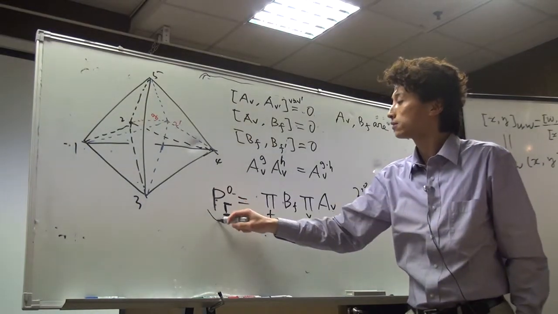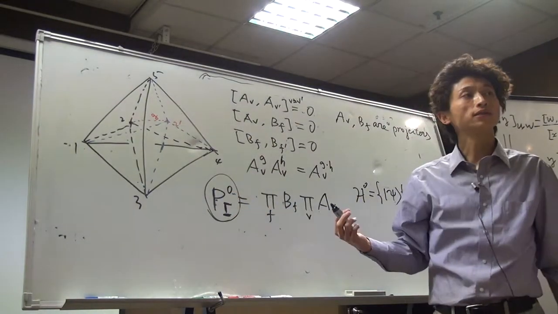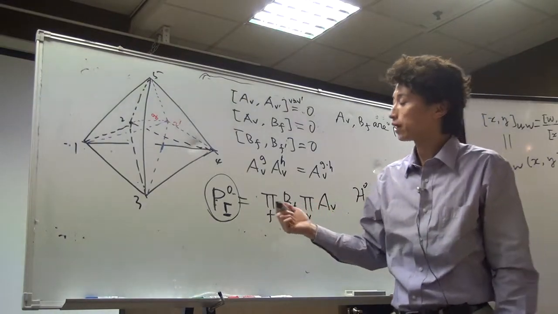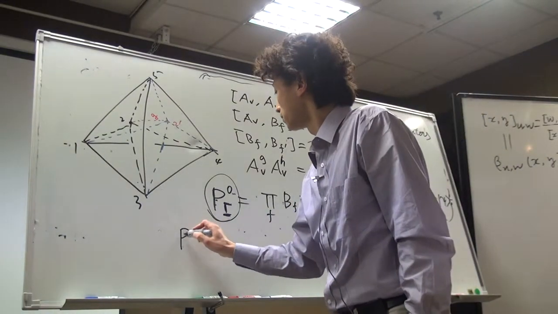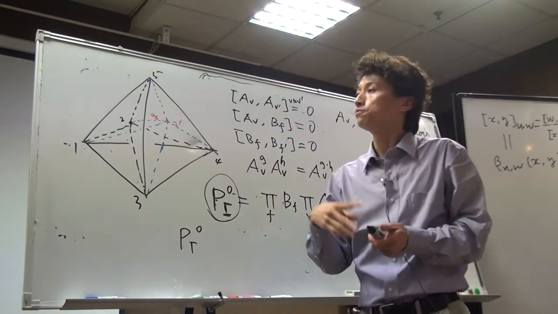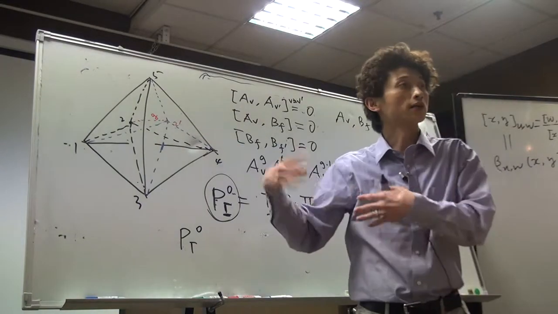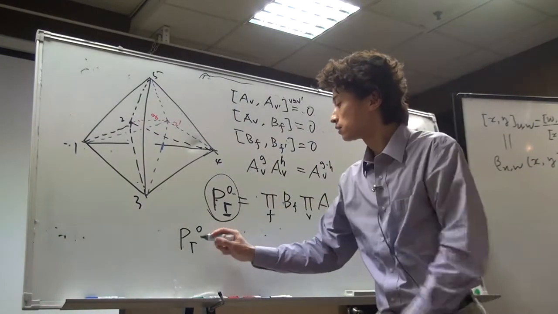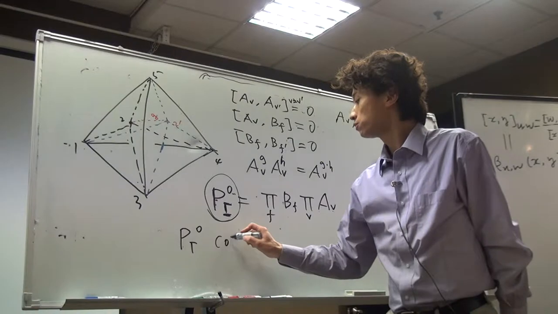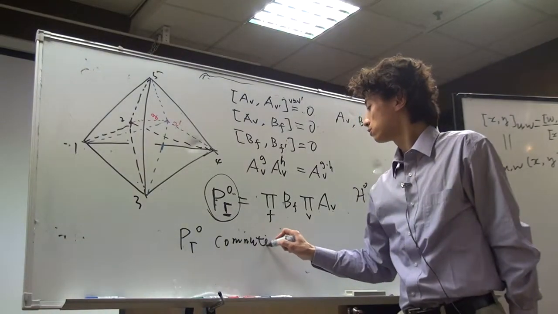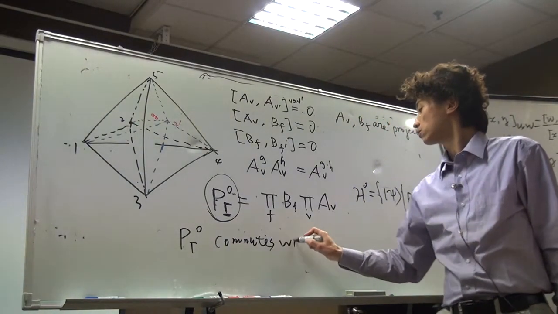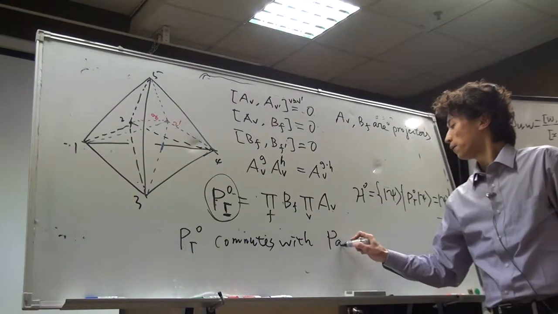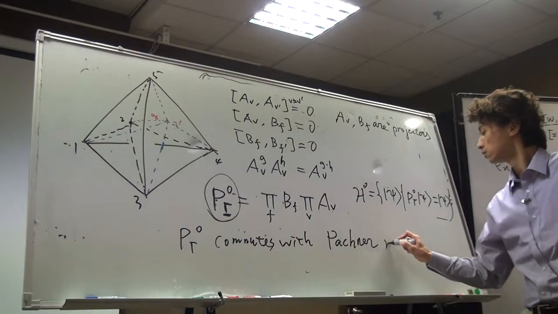Now to show that this really defines the ground state projector, we would have to show that this commutes with some moves that can alter the graph. And indeed, these B gamma 0 commute with the so-called Hackner moves.